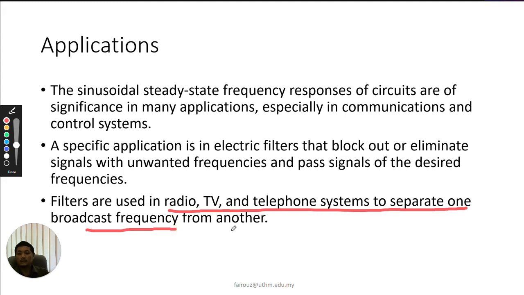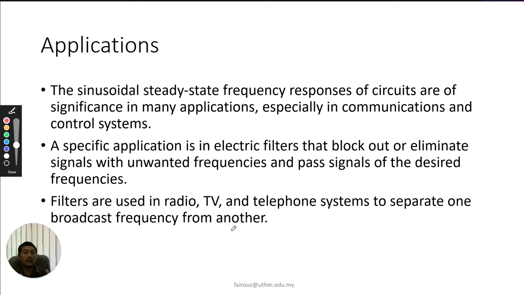When we choose a radio station, for example at 100 megahertz, we have to design an electric filter that will allow only 100 megahertz signals to be accepted, and eliminate other frequencies.